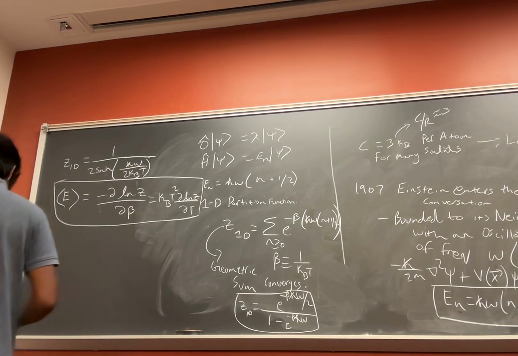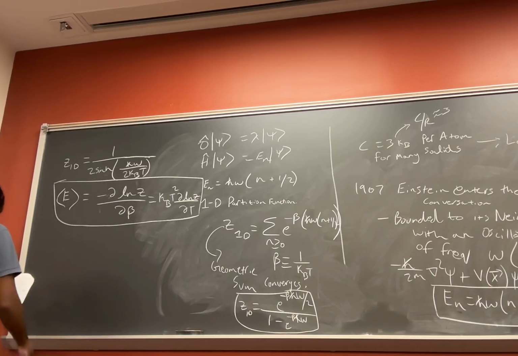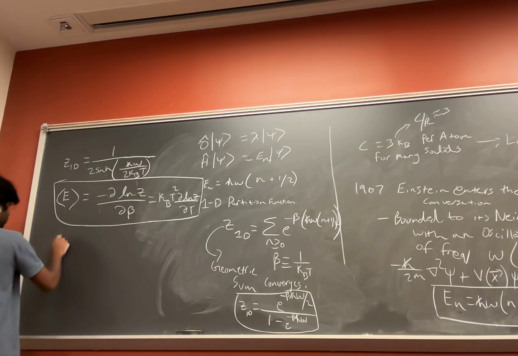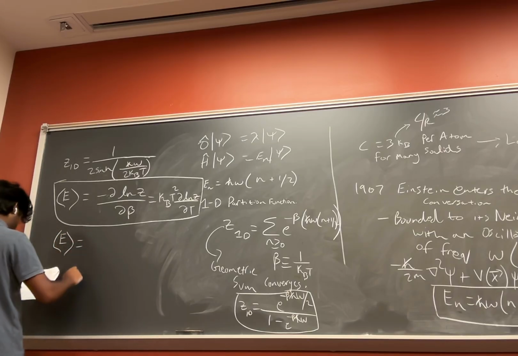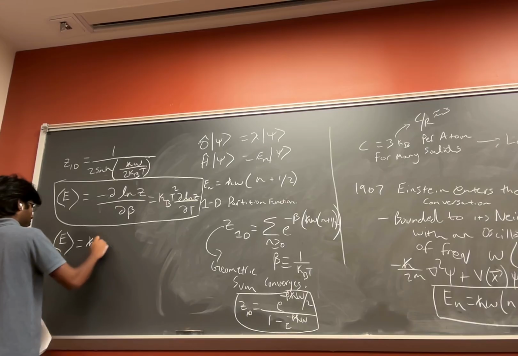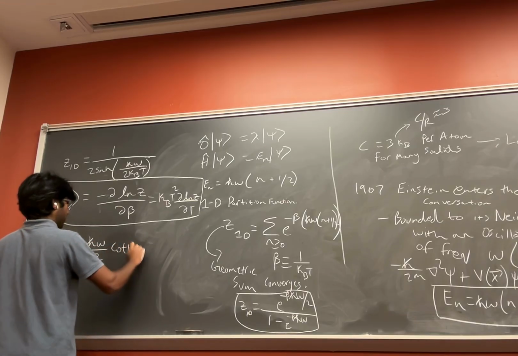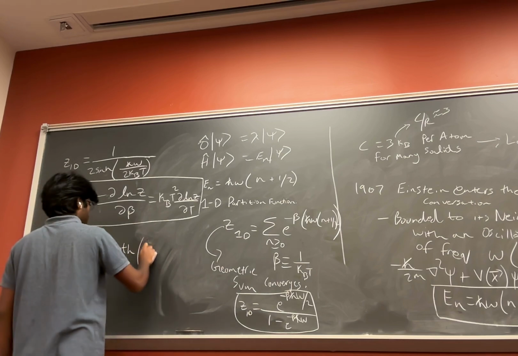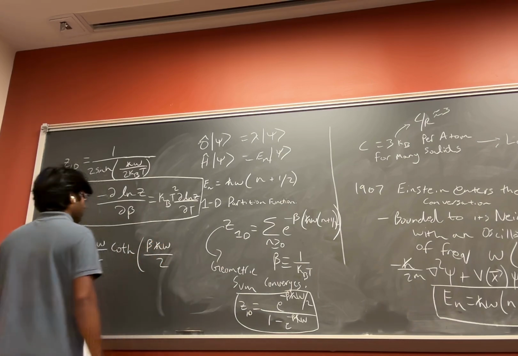And if we just apply this equation to our 1D partition function, we see that the expectation of energy equals h bar omega over 2 times hyperbolic cotangent of beta h bar omega over 2.